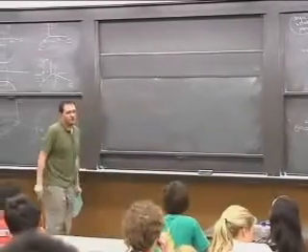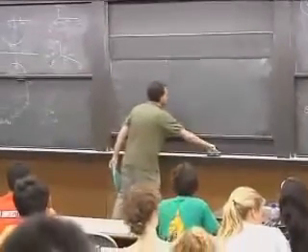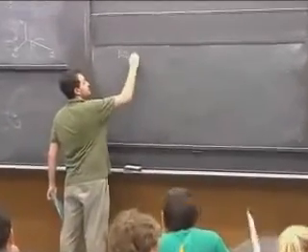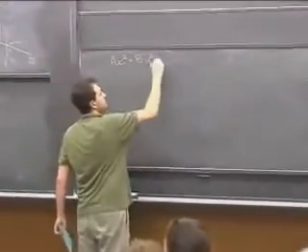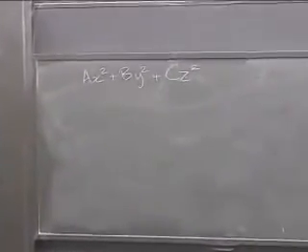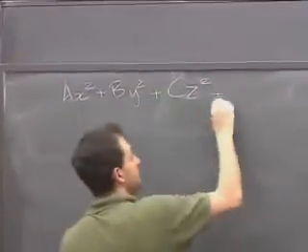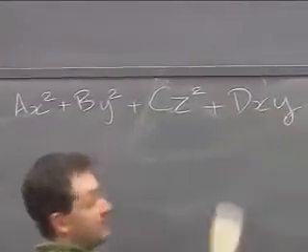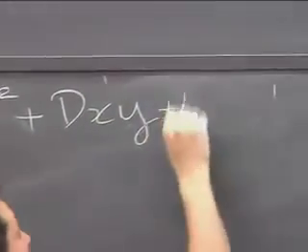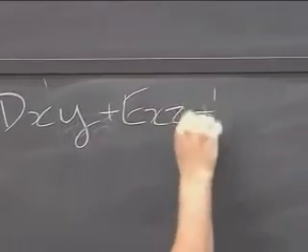A general quadratic has a rather nasty form. We've got to have ax squared, by squared, cz squared. They're all quadratic pieces, but there are other sorts of quadratics. xy is actually a quadratic. So is xz. So is yz.